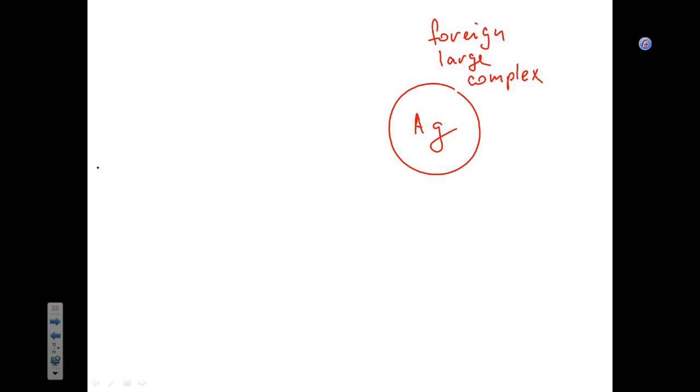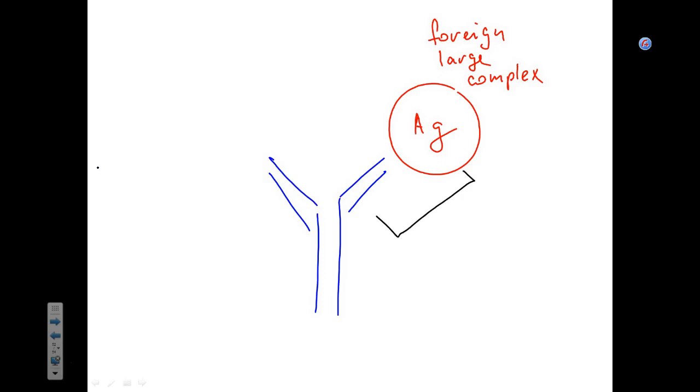And antibody is the large protein molecule, looks like a fork, that binds antigen. So right here, antigen is bound to the antibody. Are you with me so far?